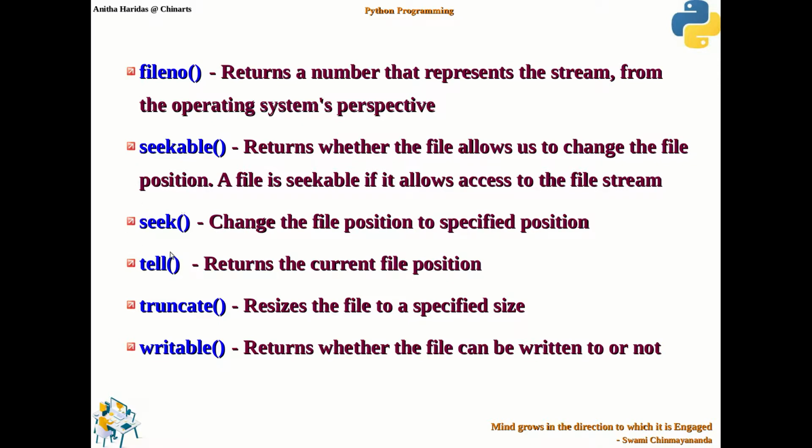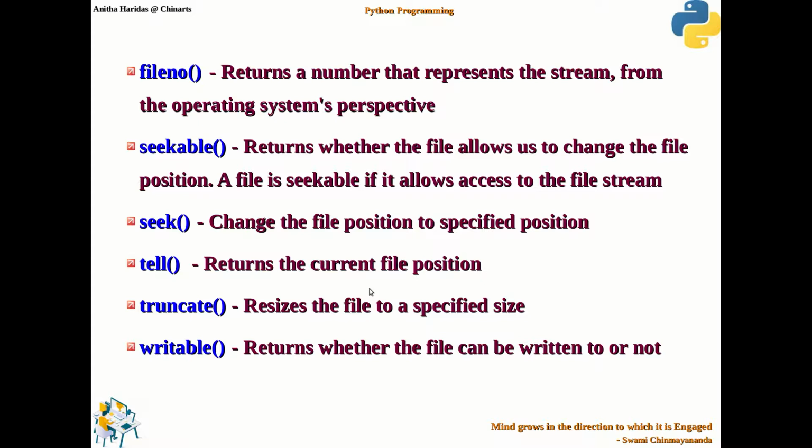Then you have the seek method. The seek method is used to change the file position to the specified position, or as you call it, to offset bytes. It will change the file position to the offset that is specified in the seek method as an argument. We will be discussing an example also.